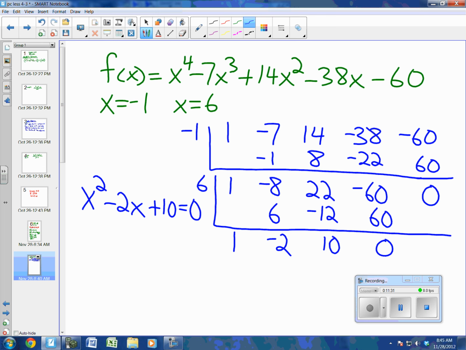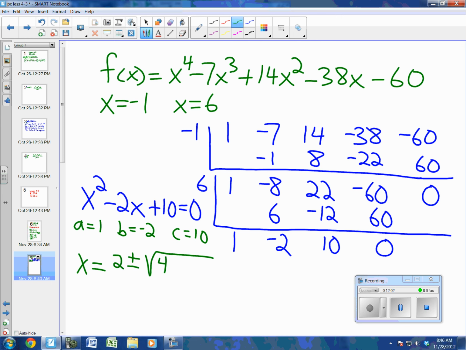And so I know, when I do this, that a equals 1, b equals -2, and c equals 10. So I go to my quadratic formula. I go -b, which would be a positive 2. It's the opposite of b, which is positive 2, plus or minus the square root of b squared. Well, -2 squared is going to be a positive 4.